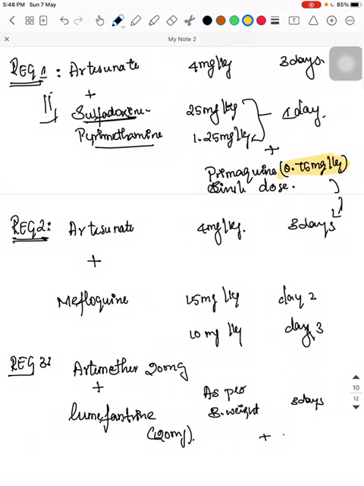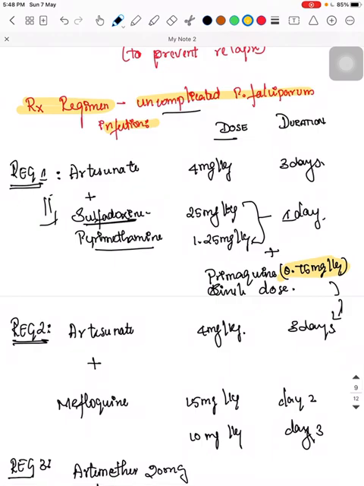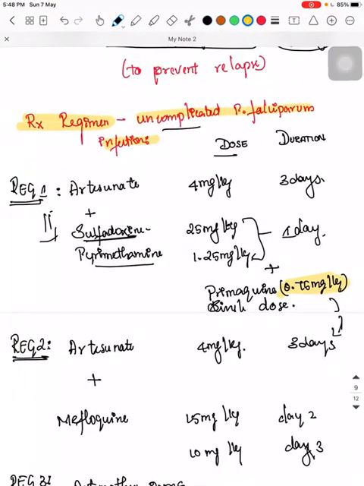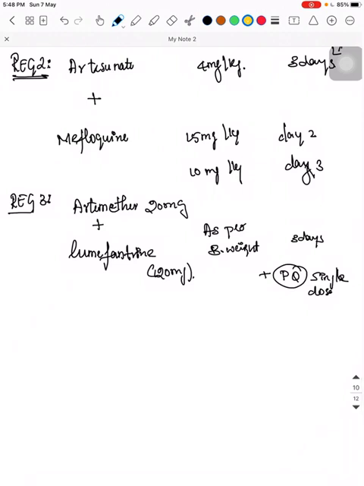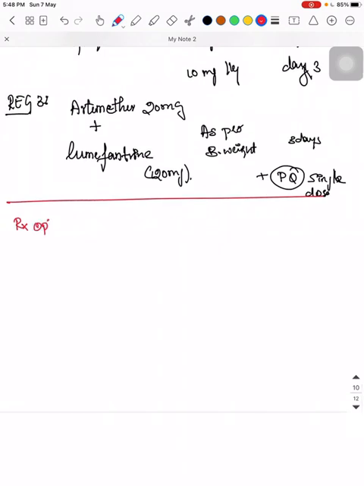Artemether dose is 20 mg and lumefantrine comes in tablet form as 120 mg. These are calculated as per body weight. This is given for 3 days along with primaquine as a single dose. These are the regimens for treatment of uncomplicated Plasmodium falciparum infection.